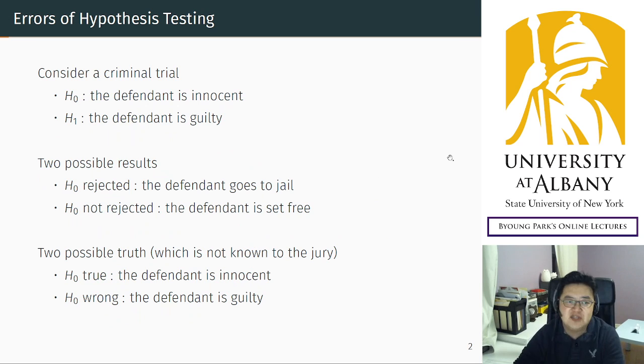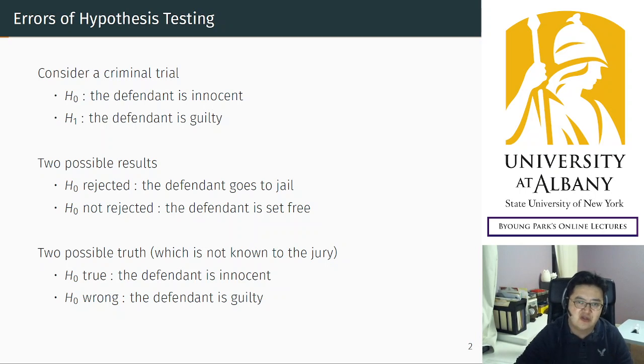Let's consider the criminal trial example again. So in a criminal trial, the null hypothesis is that the defendant is innocent. So it is the null hypothesis because if there is not enough evidence, the defendant is innocent.